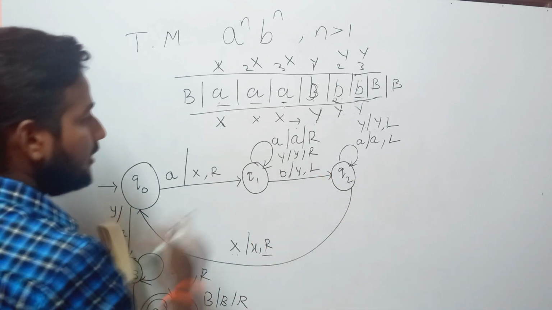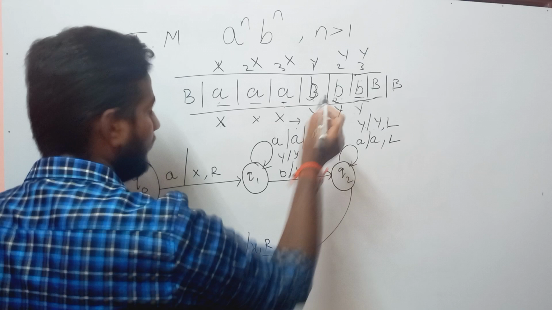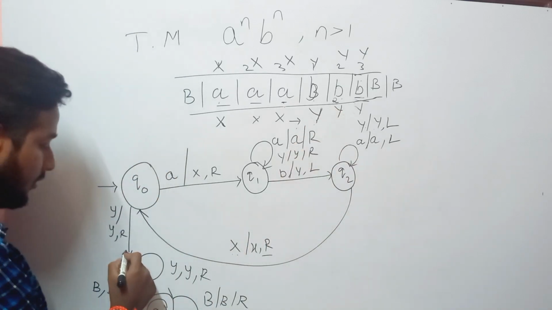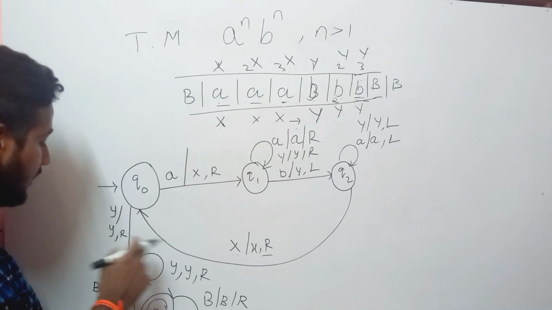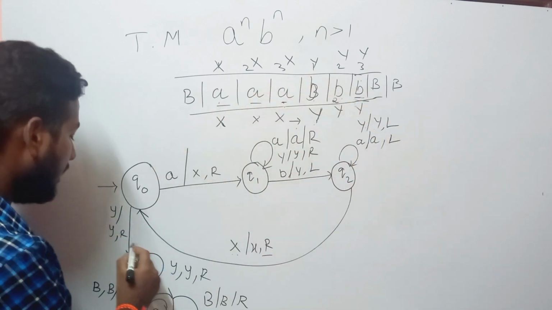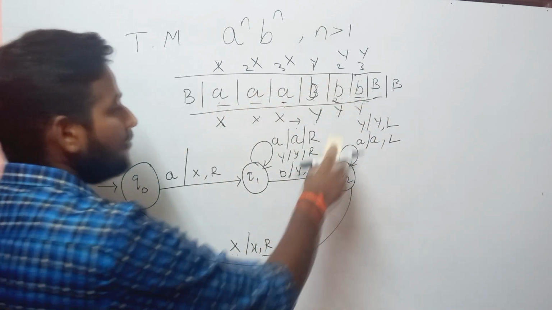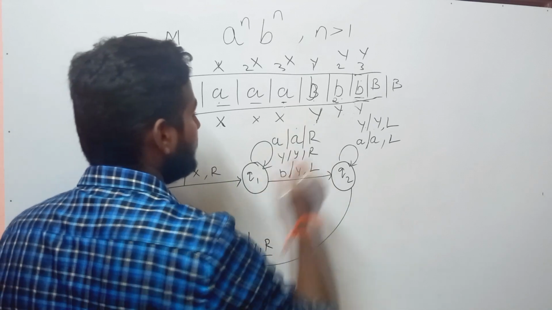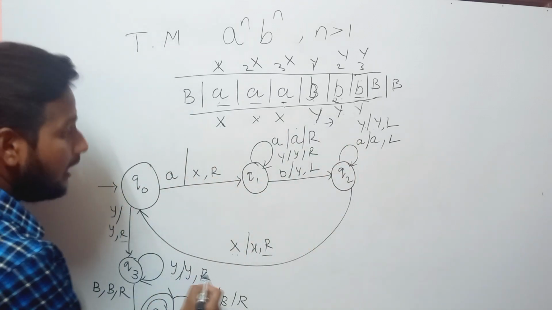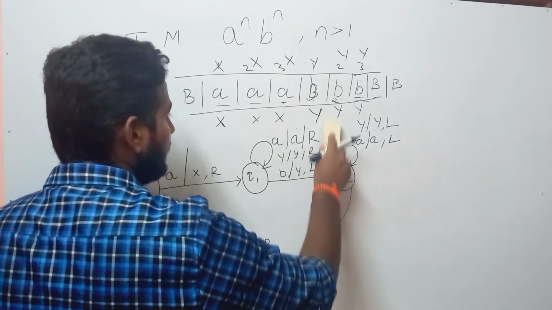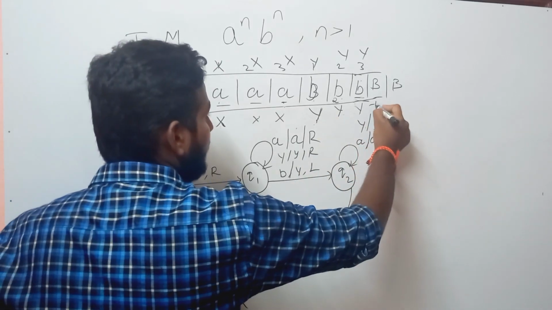In Q0 there is no way for the Y, so we simply give a new state. When we get Y, this Y remains Y and the direction changes towards the right. The pointer moves Y as Y to the right until we reach the blank.